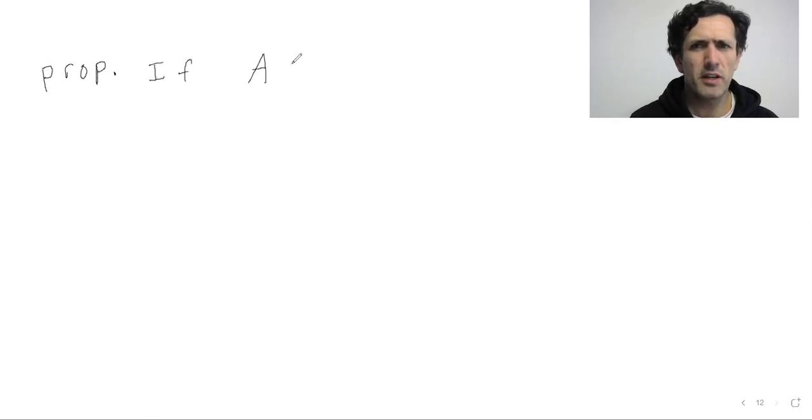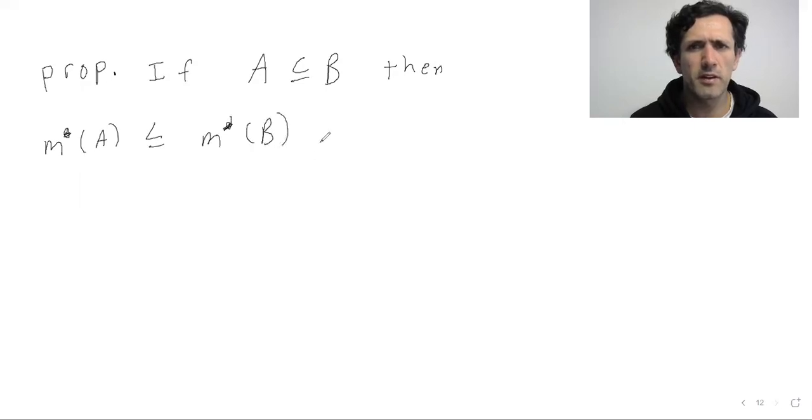If A is a subset of B, both subsets of the real line, obviously outer measure is only defined for subsets of the real line, then M star of A is less than or equal to M star of B. It had better be true, otherwise this doesn't make sense. And what's the proof?